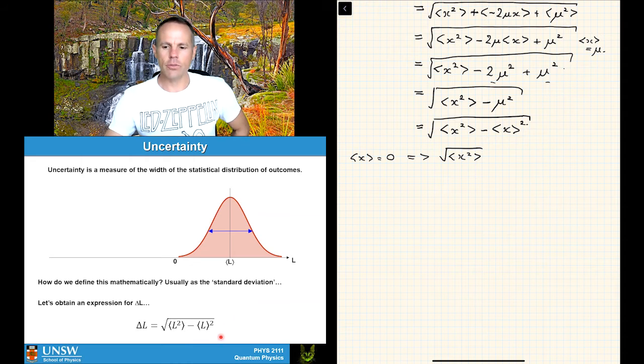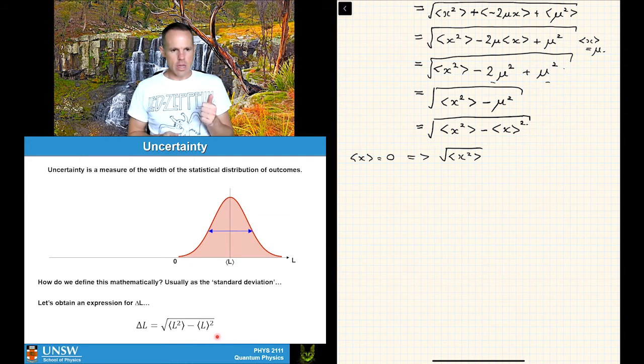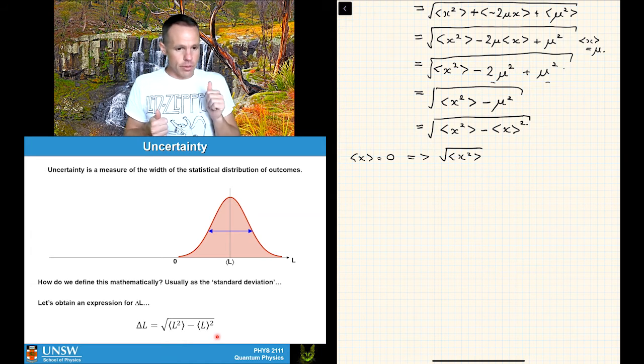Okay, and we can define that essentially as the square root of the difference between the average of L squared minus the square of the expectation value.